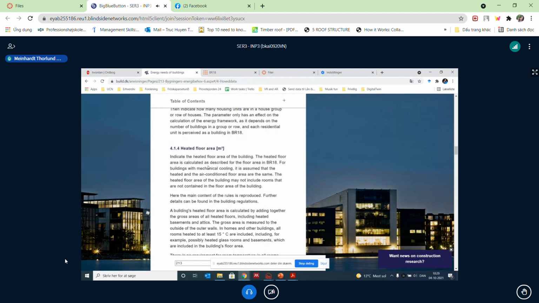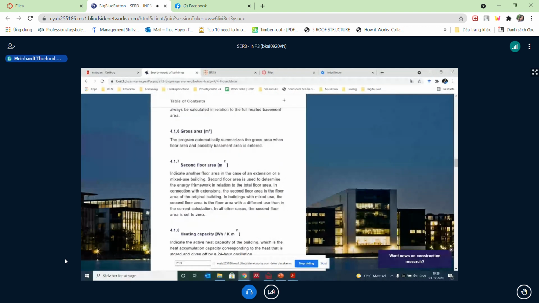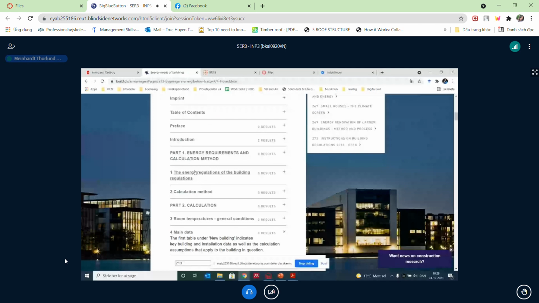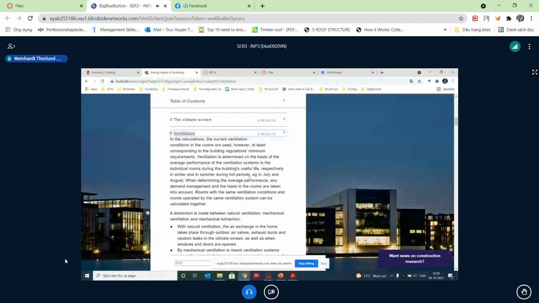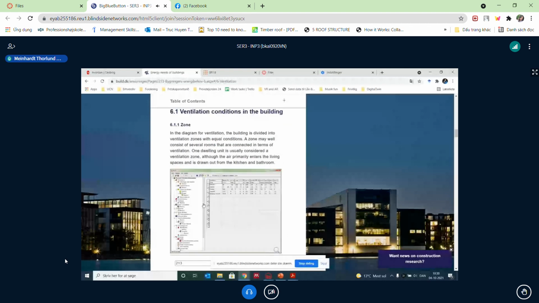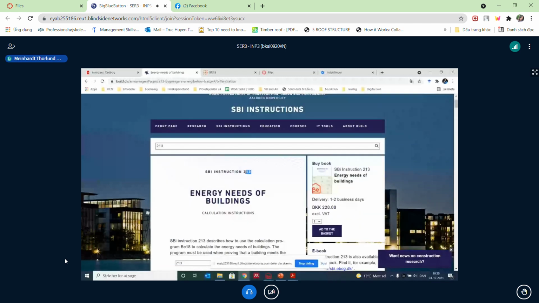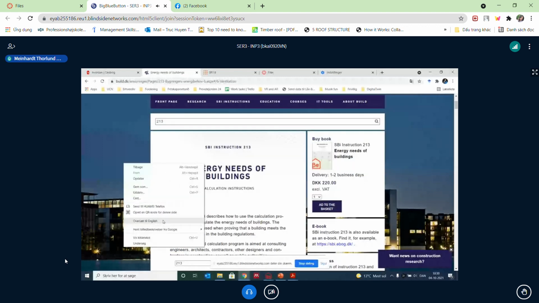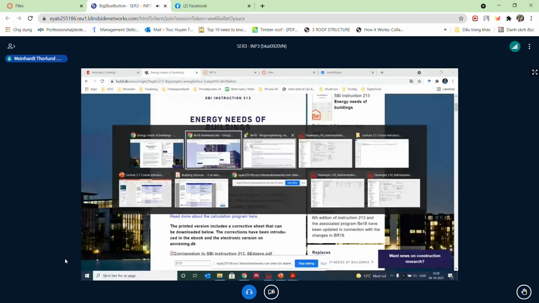So basically, unit area, what does that mean? Unit basement, gross area, second floor area, and etc. And when we come to ventilation, which we'll talk about later, it will be described here. Okay, so this is something that will be really nice for you to access, the SBi instructions 213. Remember, you need to translate it to English because it's in Danish, but you can actually get it translated to English.